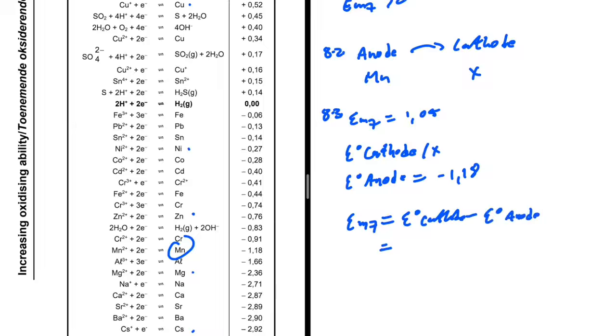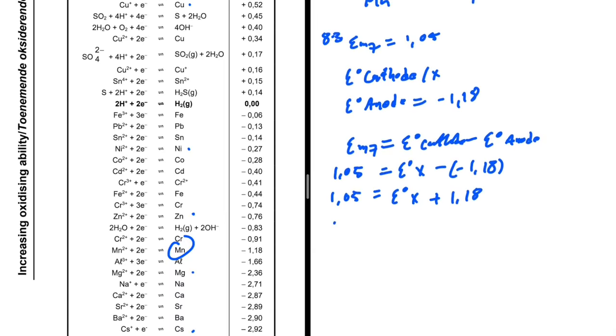The reduction potential at the cathode is where we have our metal X, so the potential of X. And at the anode, we have minus 1.18.